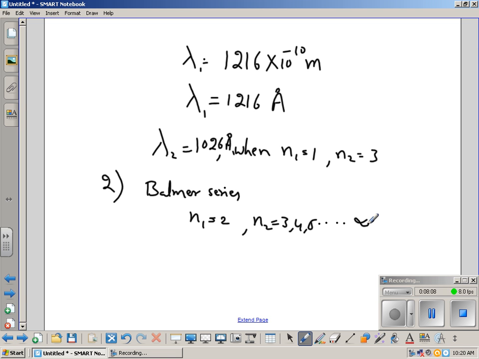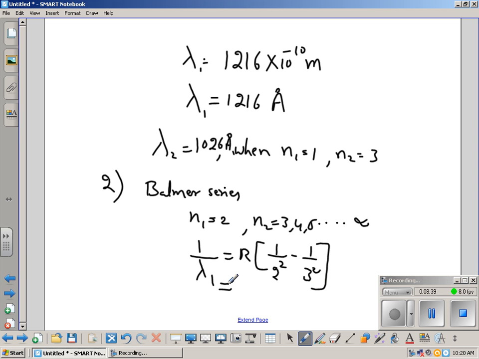The first line you can again indicate by lambda 1. The wavelength of the first spectral line in the Balmer series can be obtained by putting n1 equal to 2, n2 equal to 3 only. So we get the wavelength of the first spectral line in the Balmer series as R into (1 by 2 square minus 1 by 3 square).